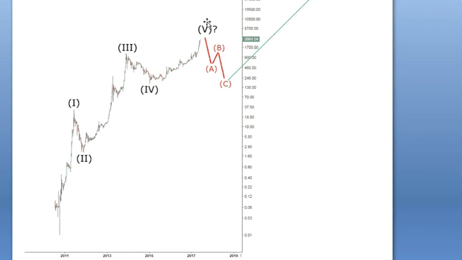Okay, so we're doing 4, and this tippy top of 5. And then we're going to see this very huge, scary, despairing ABC crash to sub 500, to maybe 130, 120. I don't know where the bottom is, but it'll be somewhere probably near wave 4. SEC will be happy as they can be. The central banks will declare Bitcoin dead.